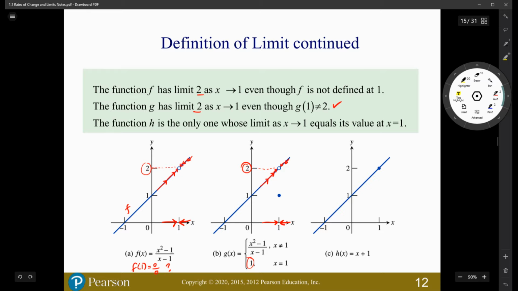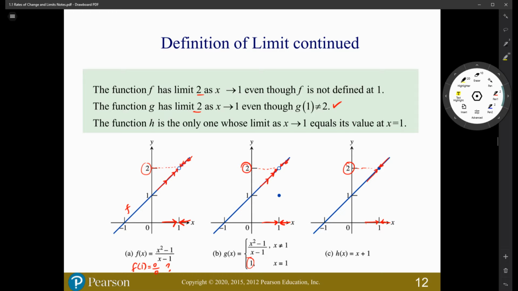And then finally, here's h of x, a new function, x plus 1. This one has a point at 1, 2, and as x gets closer and closer to 1, the y value gets closer and closer to 2 again.